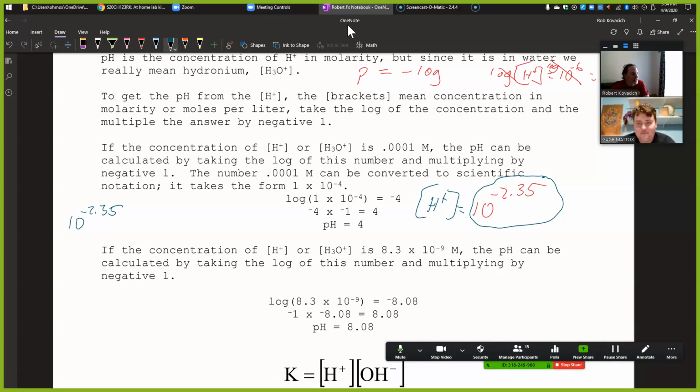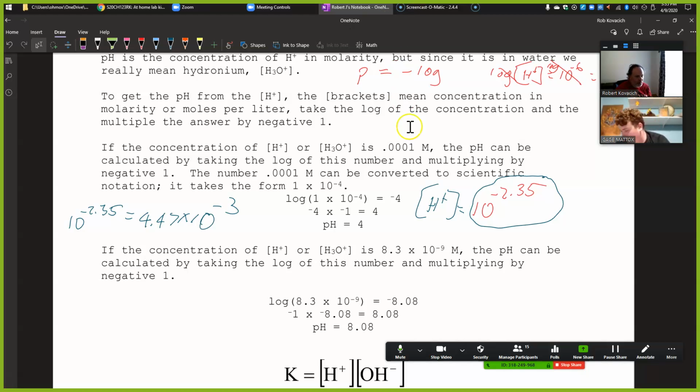You'd have to actually punch this into the calculator. So you actually get to use 10 caret in this case. So 10 caret negative 2.35, and this thing equals 4.47 times 10 to the negative 3. Okay? We're all right with that? Yep.